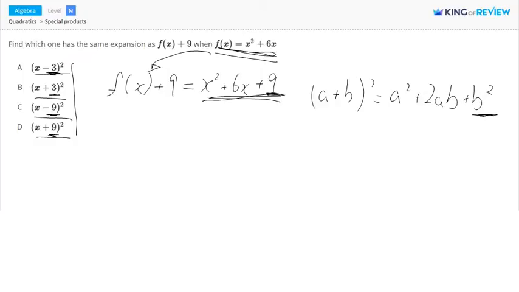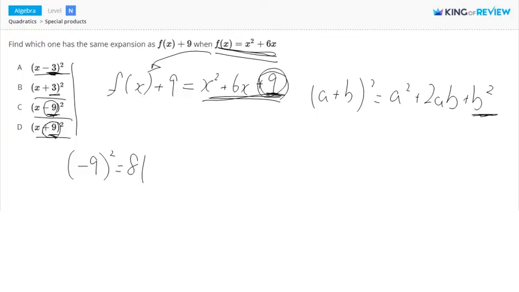So you already know that certain ones of these options are going to be wrong. Because for options C and D, what is the number at the very end going to be? Well, you're going to do b squared. So for C, it's going to be negative 9 squared, so that's going to be 81. What about D?